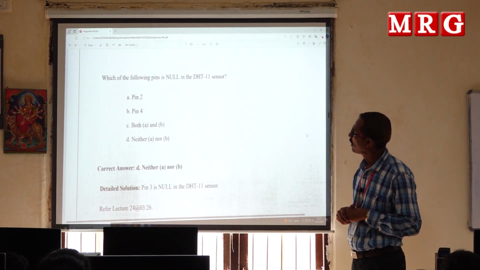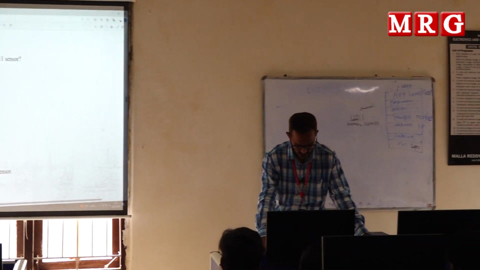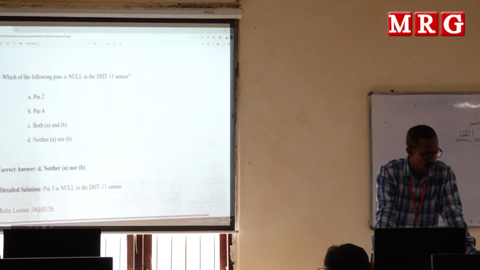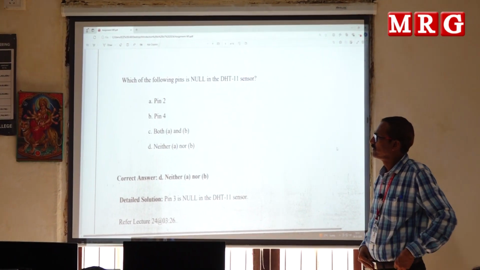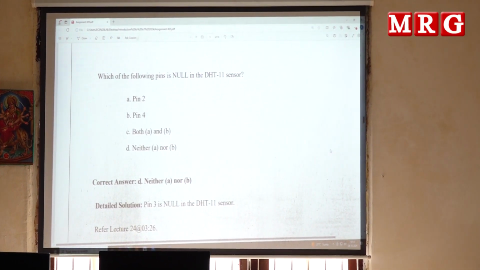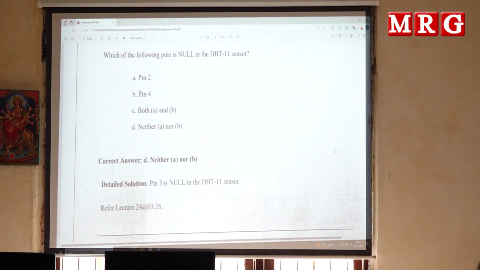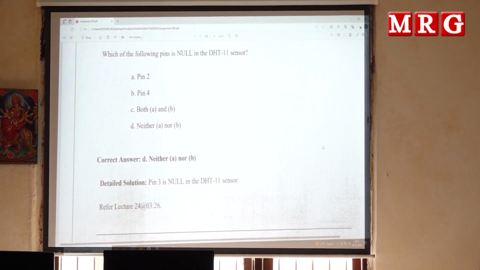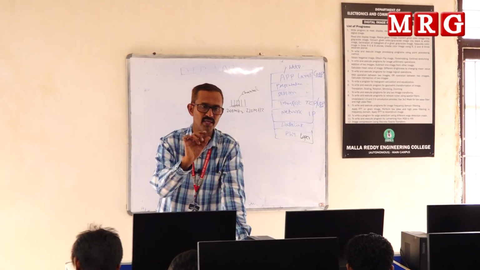Pin 2. What is the null? Okay, note down the 4 lines. One is voltage, one is data, one is null, one is ground. Note down the order. First is the voltage, the supply voltage.